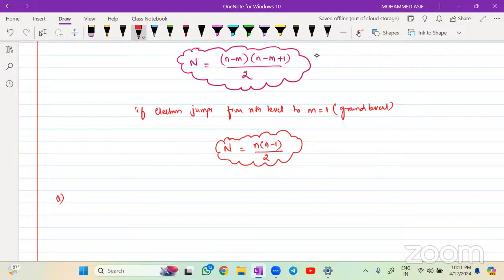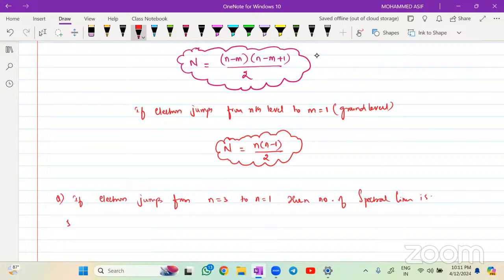Tell me the answer for this one roughly. If an electron jumps from n equals 3 to n equals 1, then the number of spectral lines is, tell me.